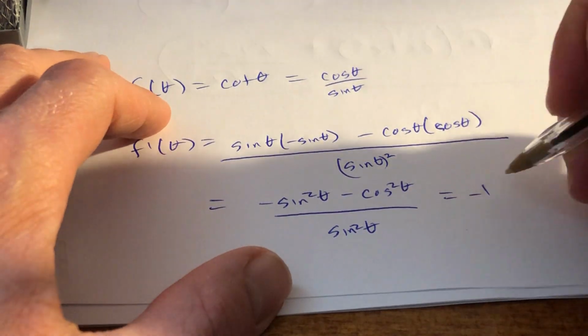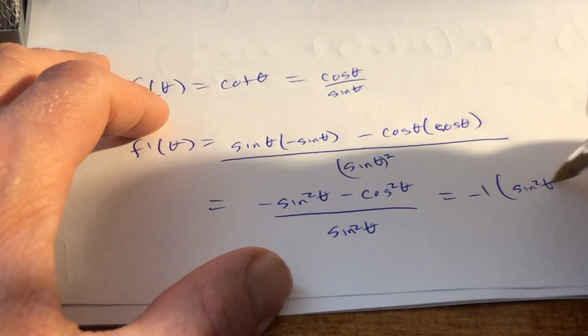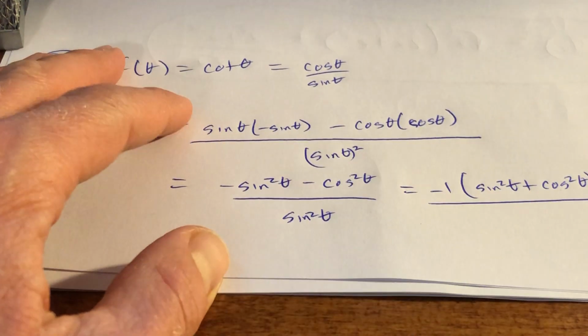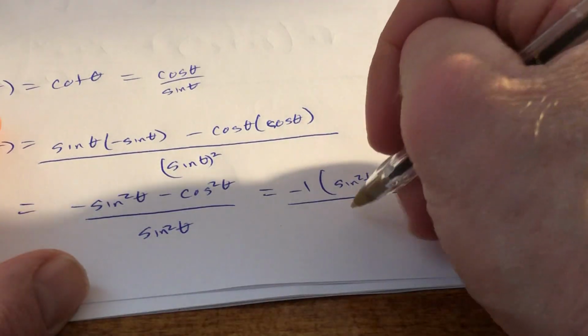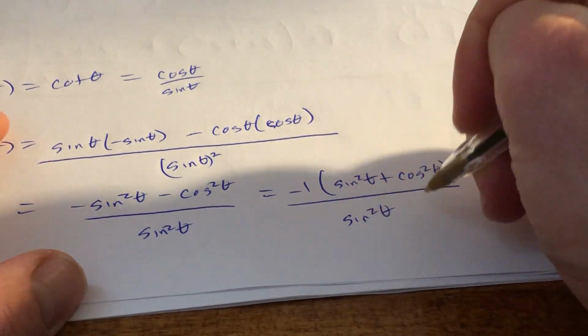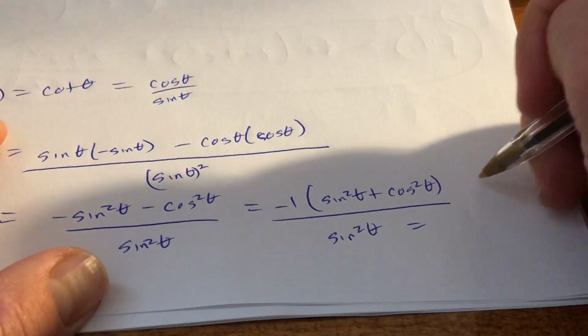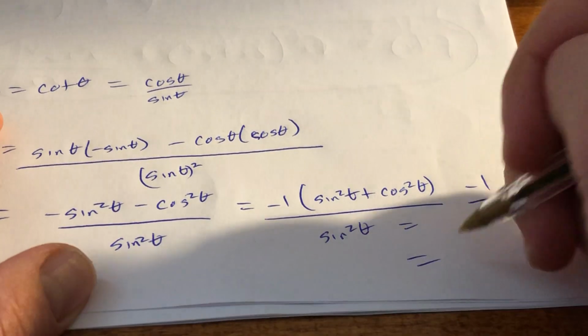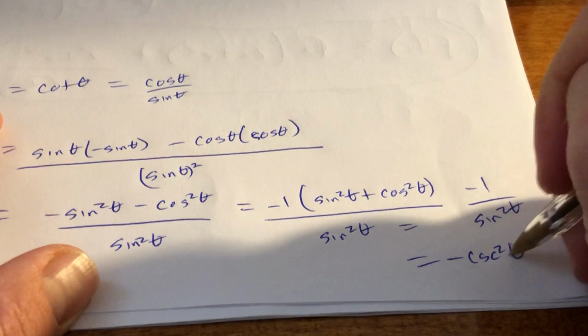This is the opposite of sine squared. I can factor out a negative. This is the opposite of sine squared plus cosine squared over sine squared. Sine squared plus cosine squared, this is 1. So this is the opposite of sine squared theta, which is the opposite of cosecant squared theta.